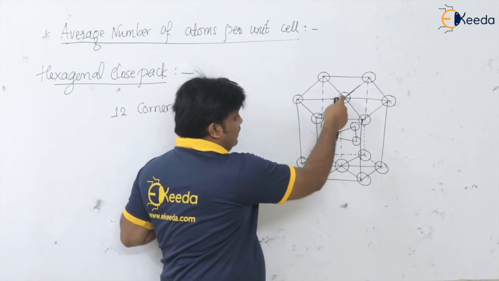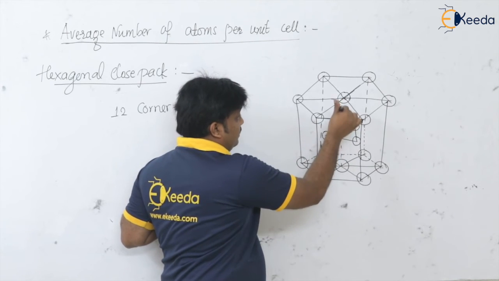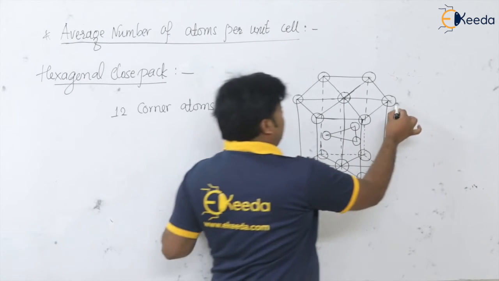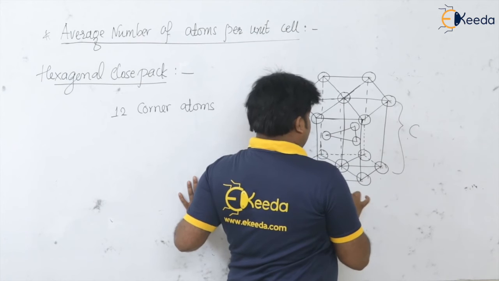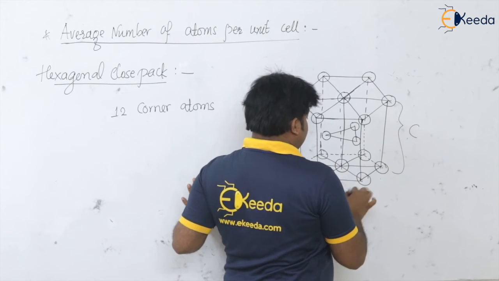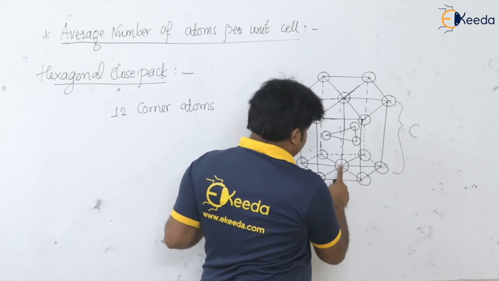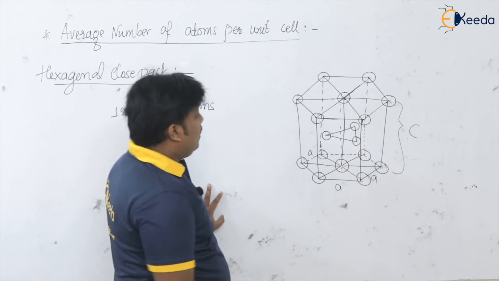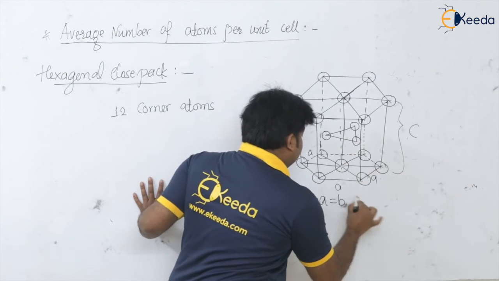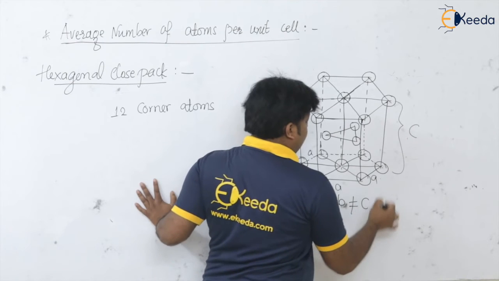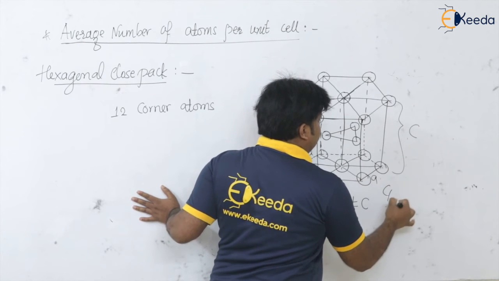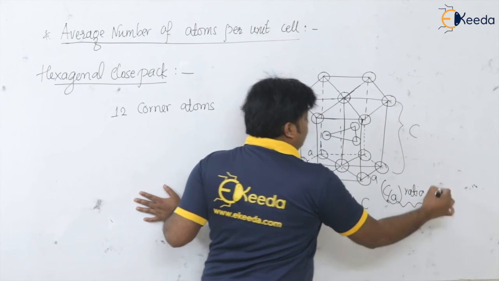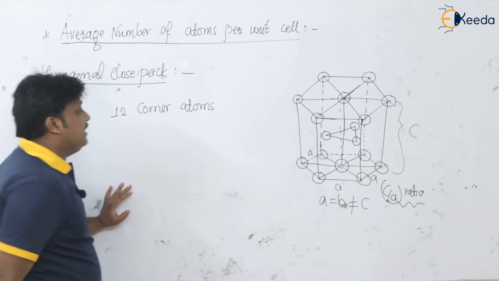And see, this line is going to pass through the centroid of these 3 like this. Okay, and this is nothing but our height C, and here A is equal to B. This is the distance between the atoms, it is A. Anywhere it is A. So here A is equal to B, but it is not equal to C, so we have to have here the relation between this C by A ratio. C by A ratio is very important for the calculation of atomic packing factor. Definitely we are going to see that.